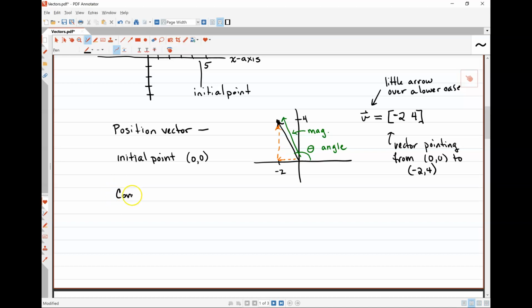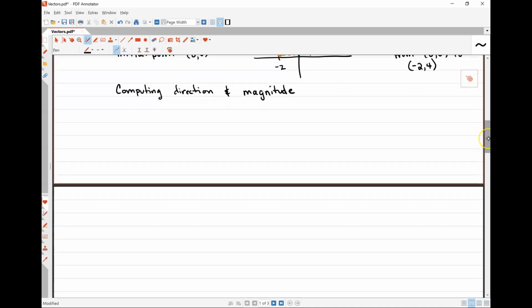So this is about now computing the direction and magnitude. And it's pretty easy. It's just a little bit of a reminder about trigonometry. So let's say we have a vector v that's pointing, I don't know what, 5, 3. So in other words, this is our vector.